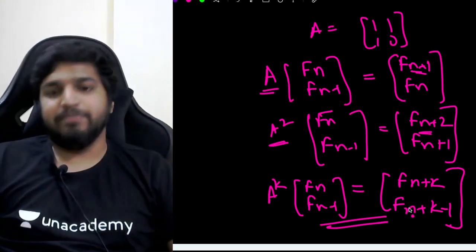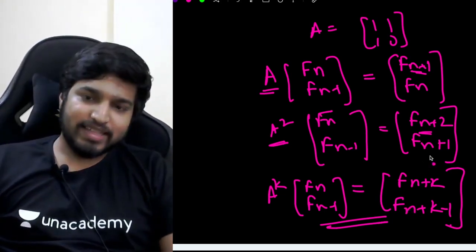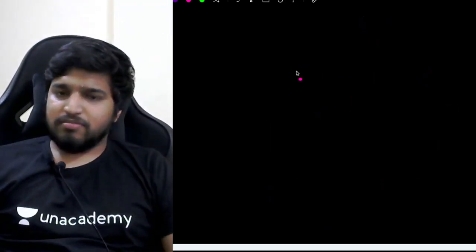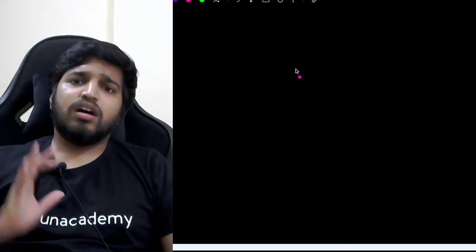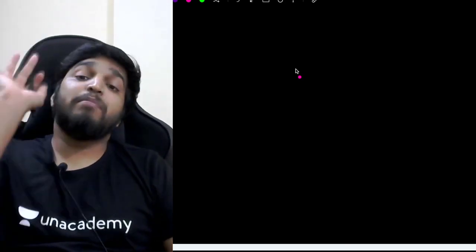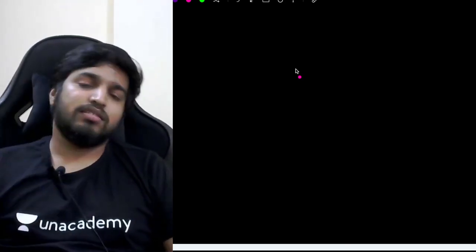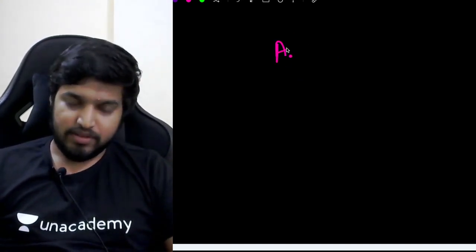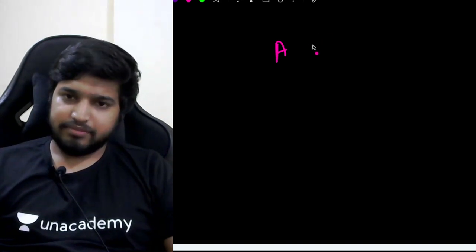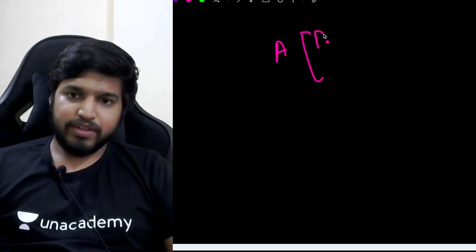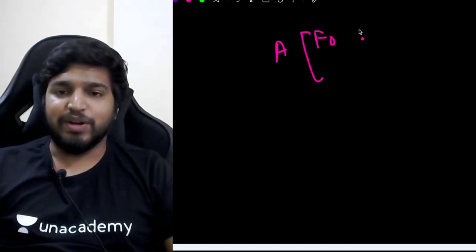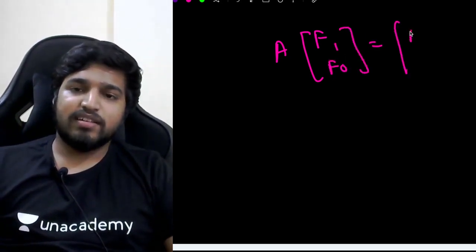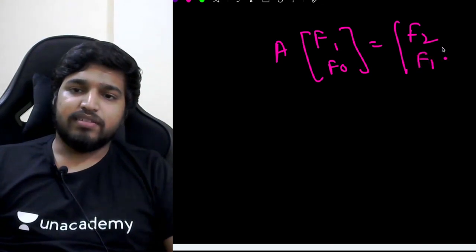This is very important, okay? Awesome. But how will this help us calculate the 10 power 9th, a billionth Fibonacci number very quickly? What did we see here? A into F1, F0 will give us F2, F1.